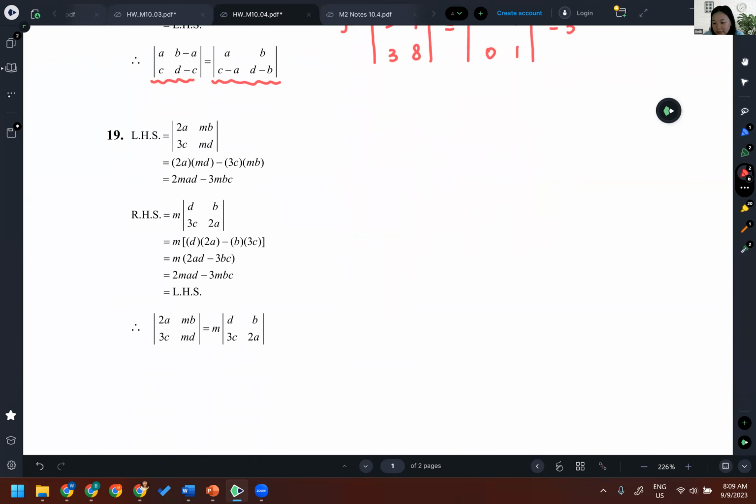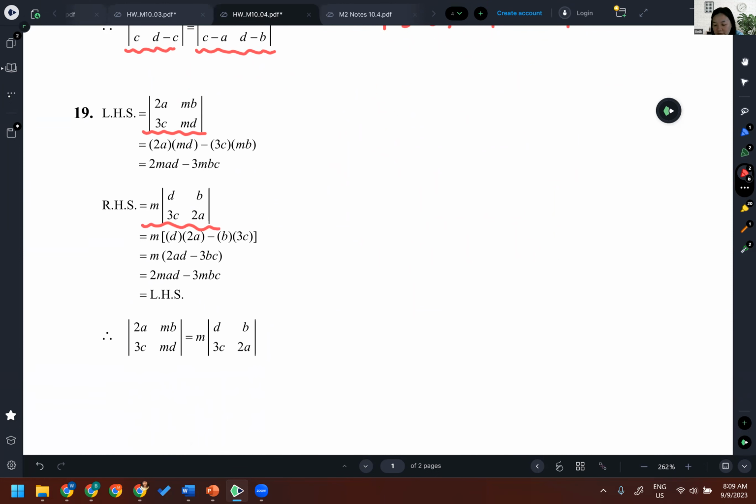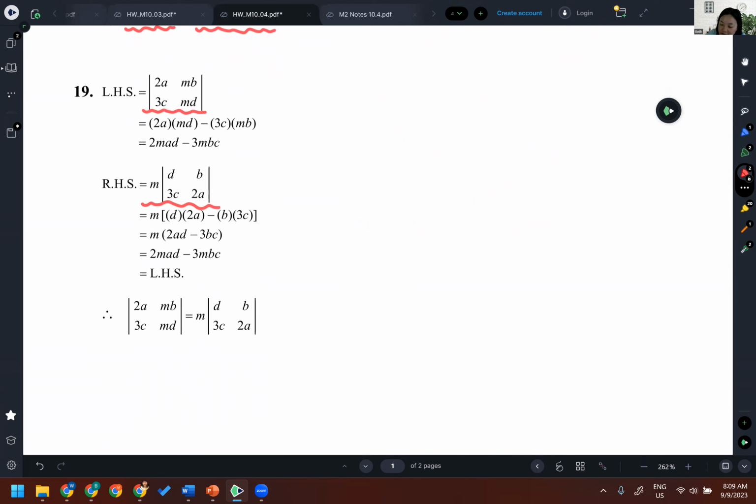Question 19. Question 19 says that this and this are equal. Now, if you observe this, you will see that there is a factor in the second column.